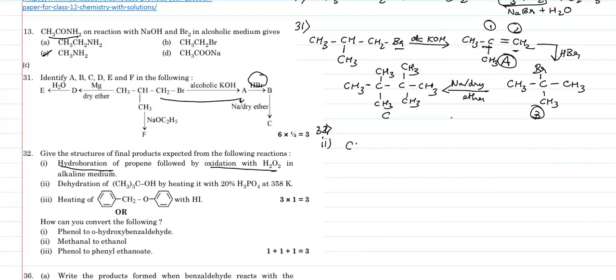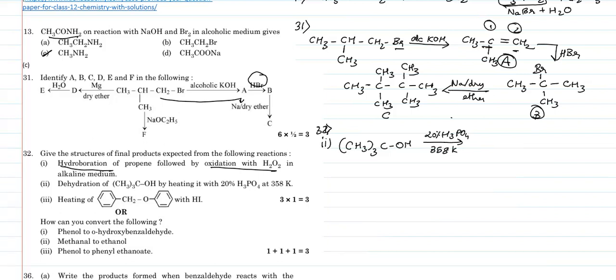So you have CH3 thrice, COH reacting with 20% H3PO4 at 358 Kelvin.